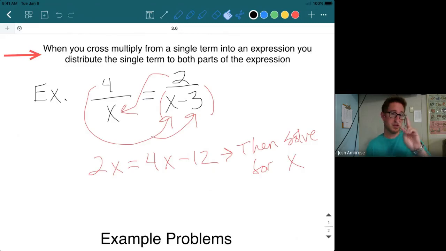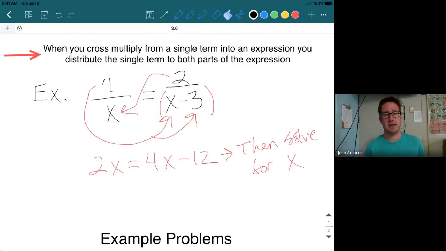And that expression has 2 terms. Well, that single term, the number 4, goes to both terms, x and minus 3, or x and the negative 3. Okay, so follow those arrows. We're still cross-multiplying, but if you have an expression, a single term will go to both parts of that expression.